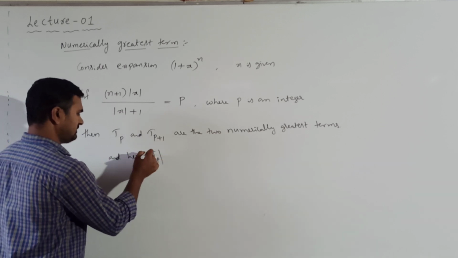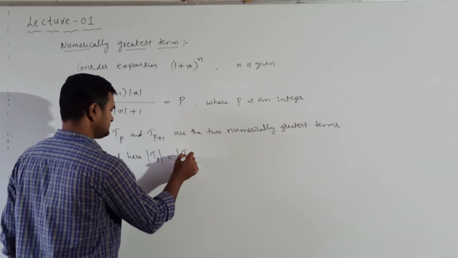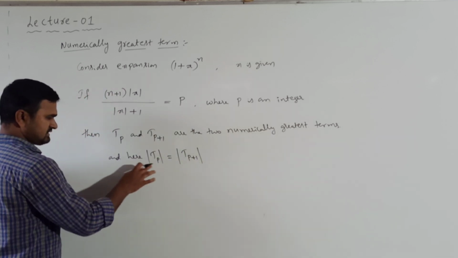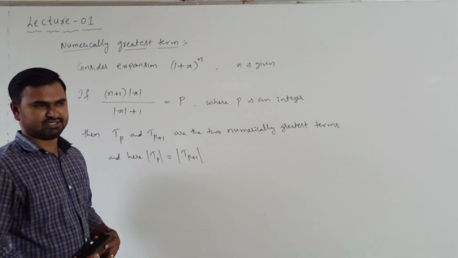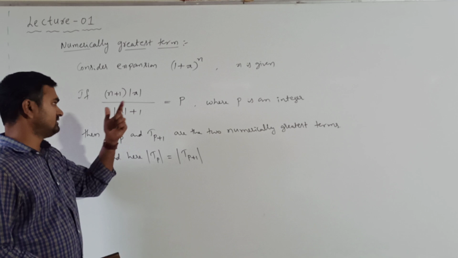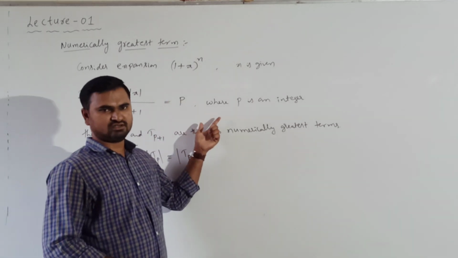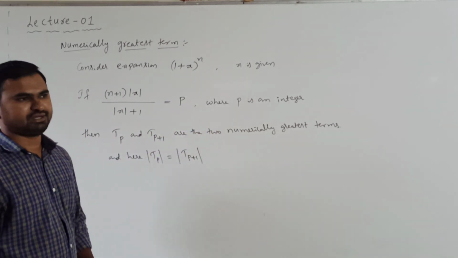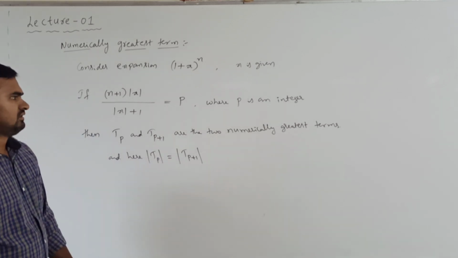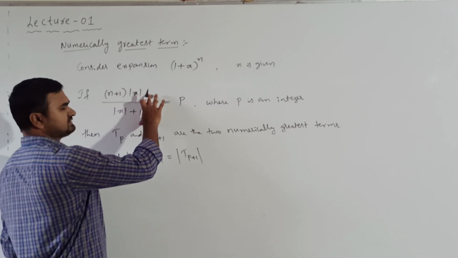So |t_p| will be the same as |t_(p+1)|. So if two numerically greatest values exist, both values must be the same. Okay. So depending on this value, if it is an integer, we are getting two numerically greatest terms which are both the same. Now what if it is not an integer?